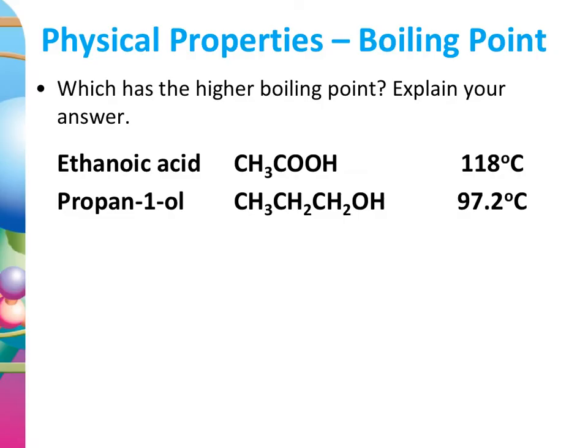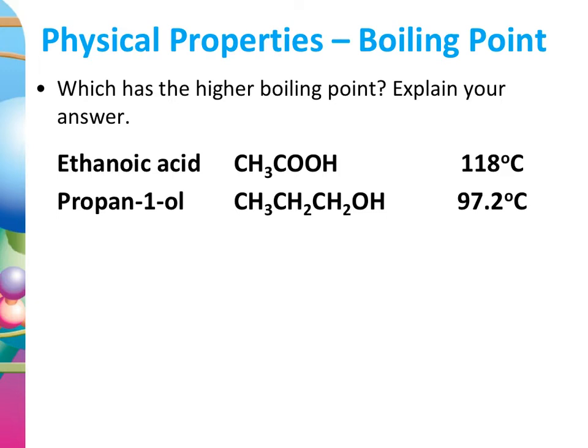Now the physical properties. We've had an insight into the physical properties, or at least the boiling point, to do with carboxylic acids, when we did alcohols. If you remember, if we were oxidizing a primary alcohol, before it became a carboxylic acid, it would have become an aldehyde.